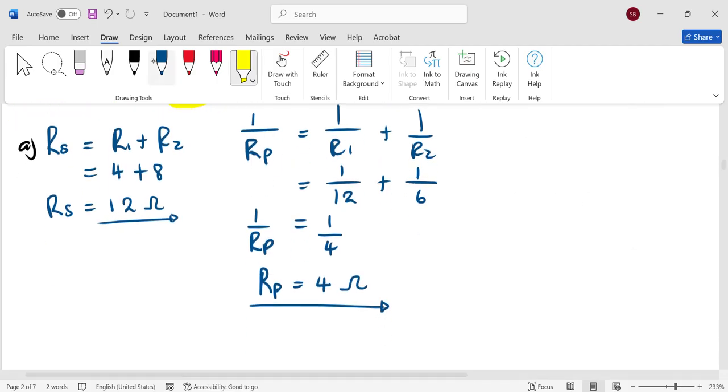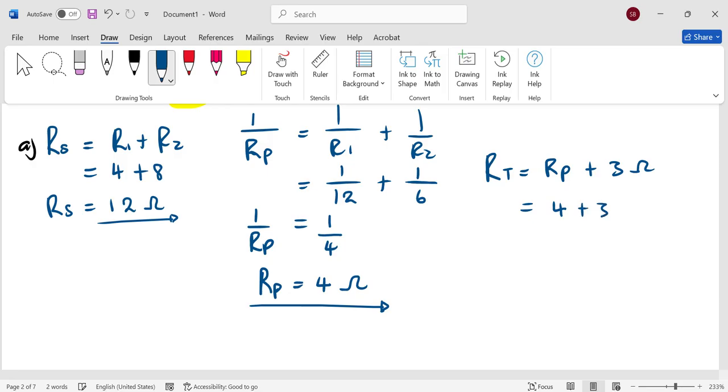So I can then say R total equals Rp plus the 3 ohm resistor. Therefore, that's going to be 4 plus 3, and that gives me the total resistance of 7 ohms.